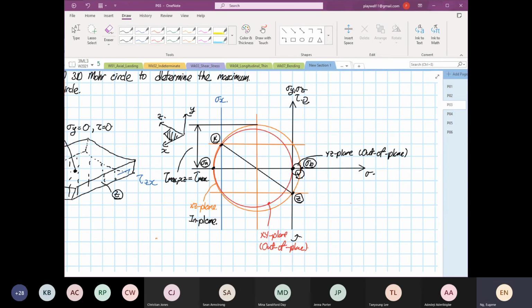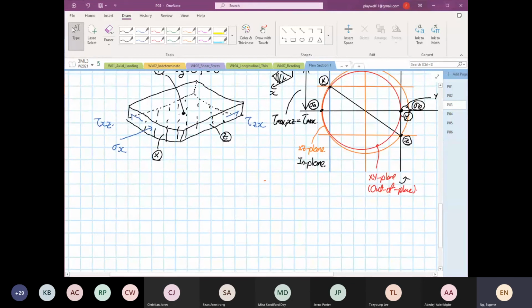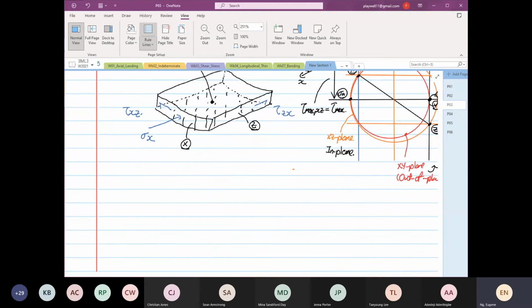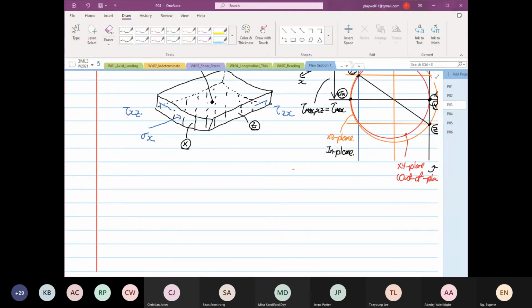So now we have identified the maximum shearing stress. Now we have found that tau max is equal to tau max xz, which is equal to tau max zx, and is the in-plane shearing stress.